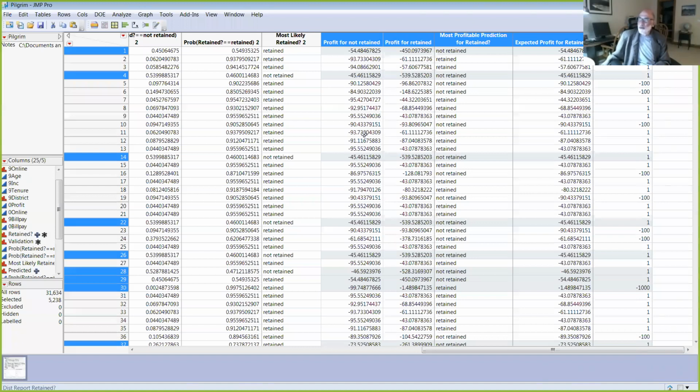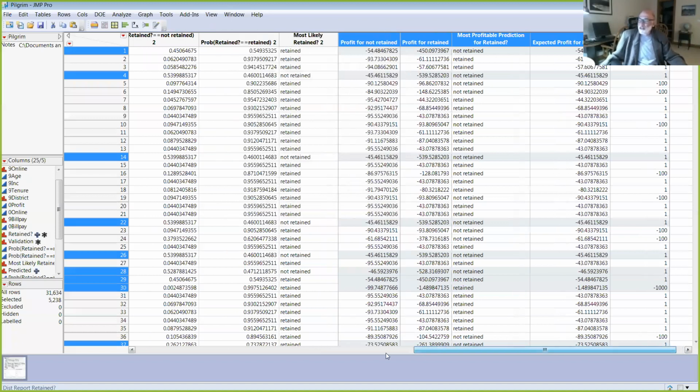So it attaches all these columns that are adjusted to that profit matrix. I don't use the profit matrix. It's a neat tool, but you'll see in the document that I'll put up, it's rather subtle to figure out what to put in it, so I tend not to use it.